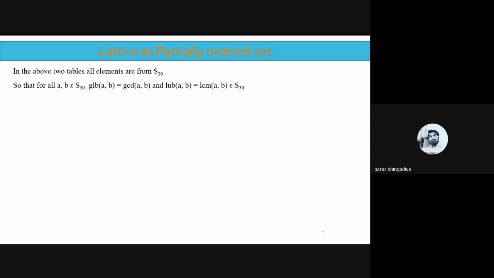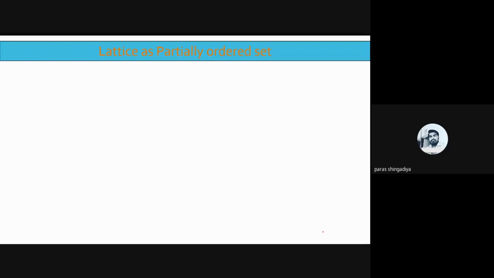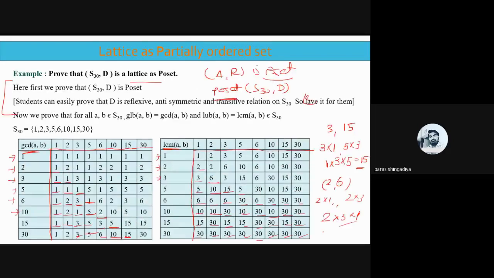Is there any doubt for anyone? Derive the GCD as well as LCM, because it is important, and based on that we can verify whether it is a lattice as a poset or not. Is there any doubt to anyone about identifying the GCD of two numbers and LCM of two numbers? Remaining students, is there any doubt?